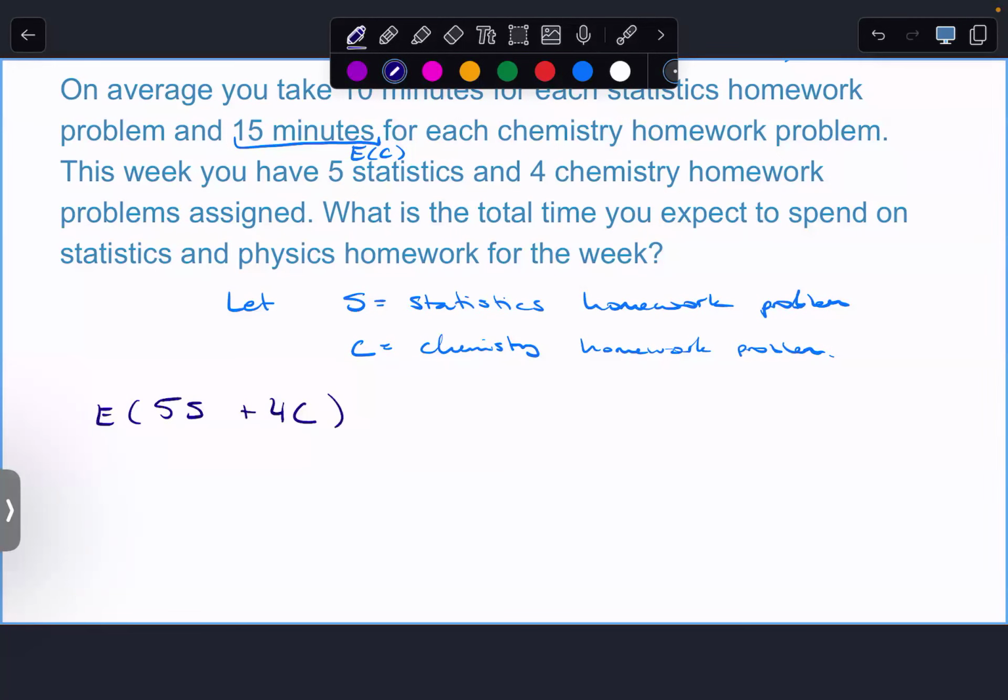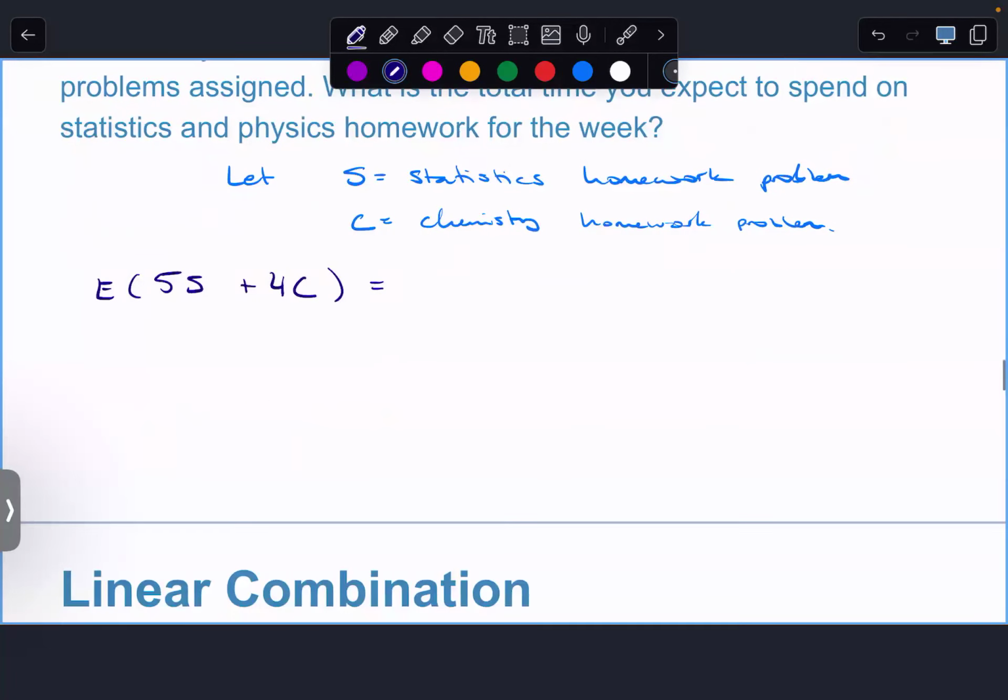Now, again, the E just latches on to those random variables. We'll do the derivation together. I'm allowed to say that this is going to be the expected value of 5 times S plus the expected value of 4 times C. I'm allowed to do that because I told you you're allowed to do that.